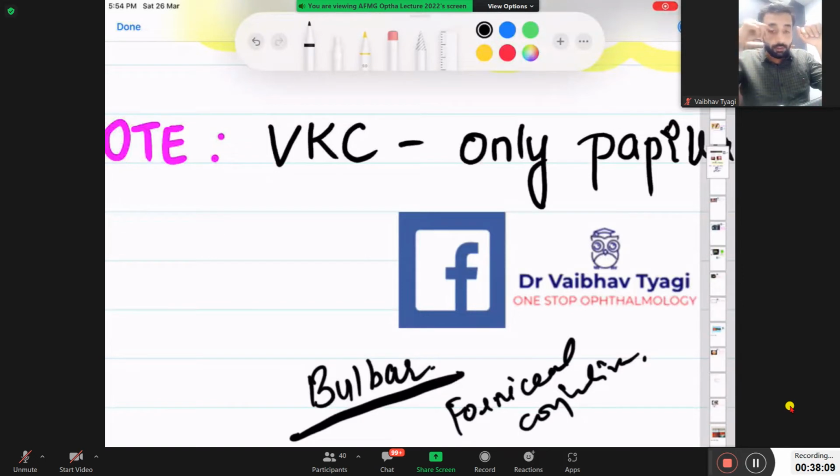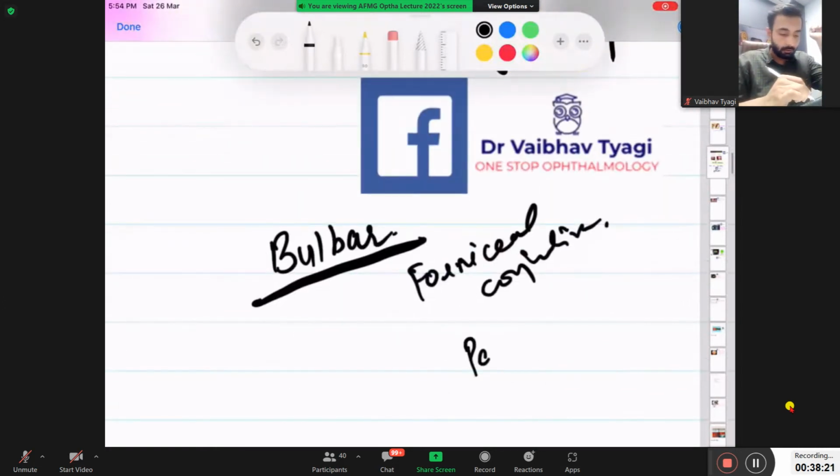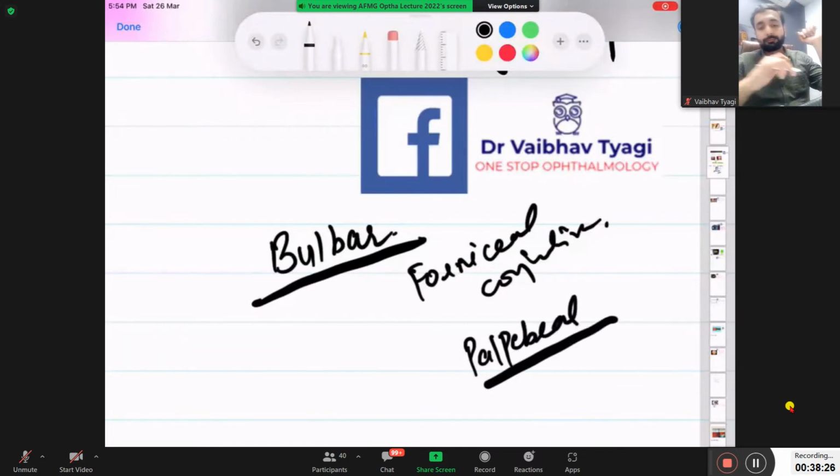And if you evert the upper lid, the conjunctiva present on the tarsal plate is called the palpebral conjunctiva. Give me a thumbs up if it is clear.